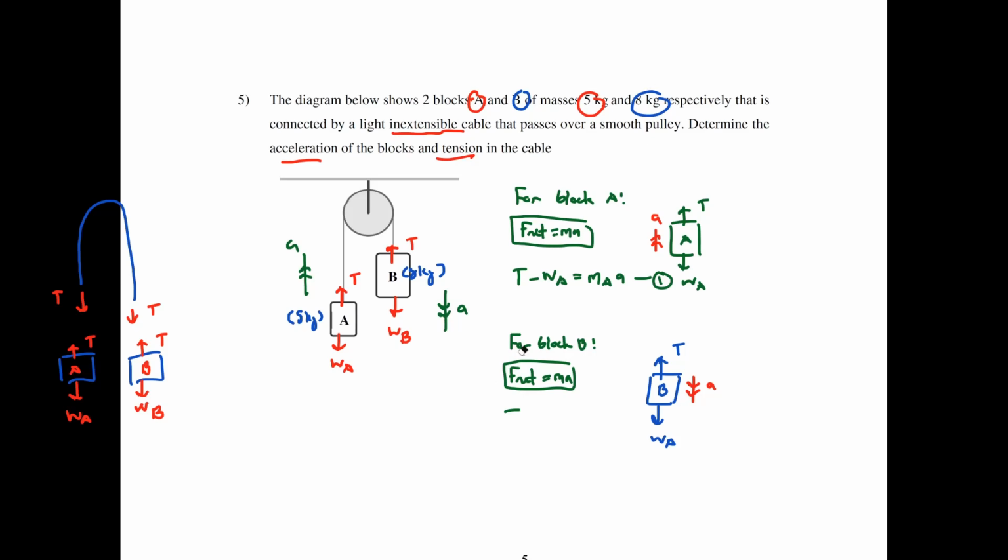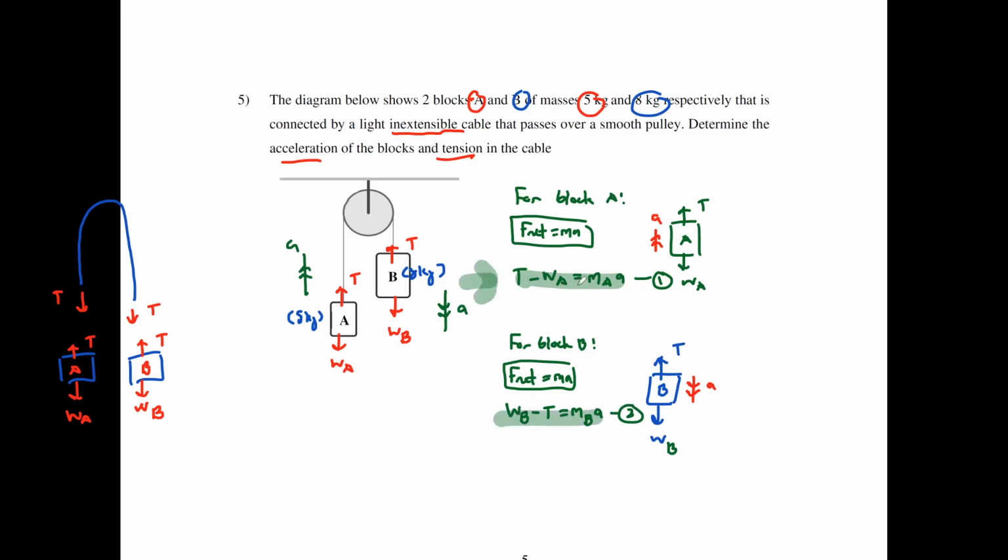So this one, I will say it is WB minus T equals to MBA. This is equation 2.